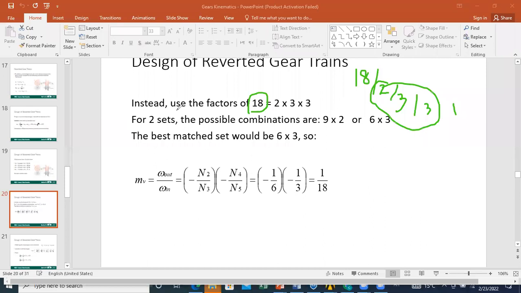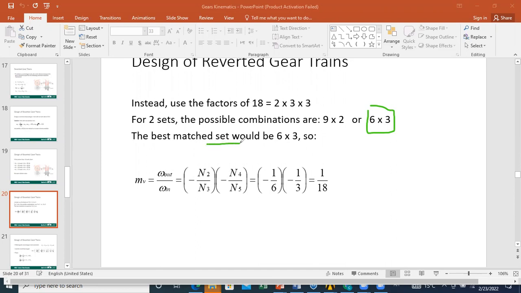Now, since I want to select 2 sets, I have different possible combinations. If I combine two of these, they give me 9, so the first possibility is 2 times 9. I can also combine 2 with 3, then I get 6 and 3. Of course, this is better. Always select the one with numbers that are close to each other. So 3 and 6 are closer to each other than 9 and 2, and this is the best match in my case.